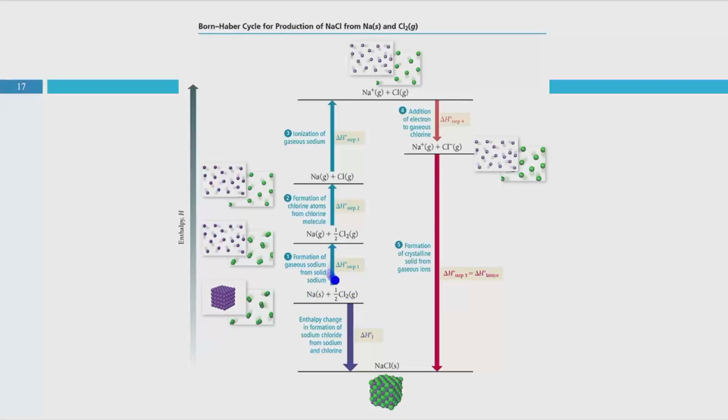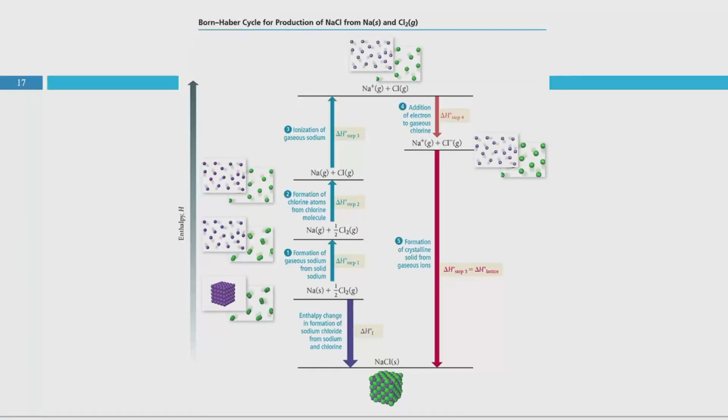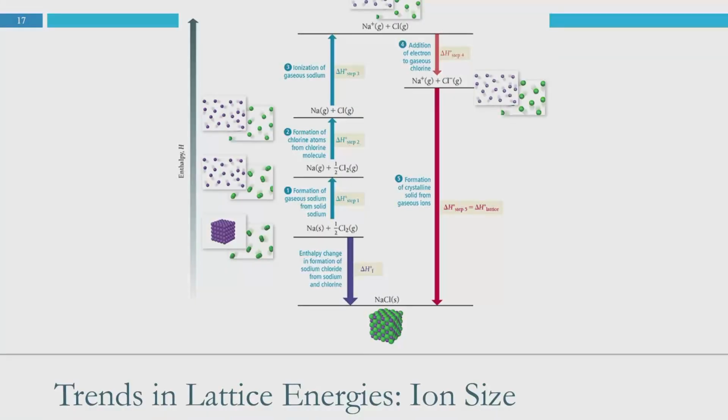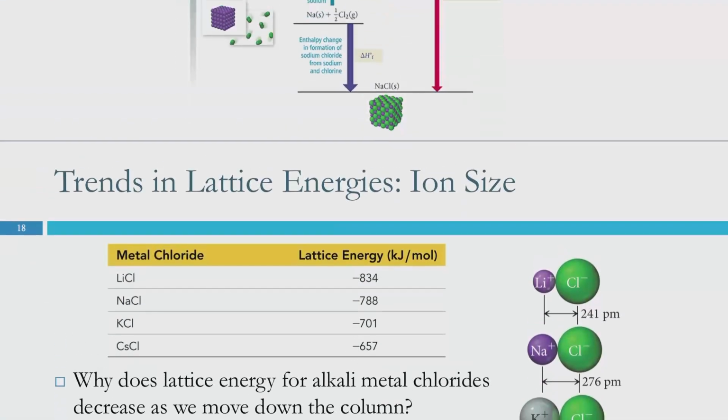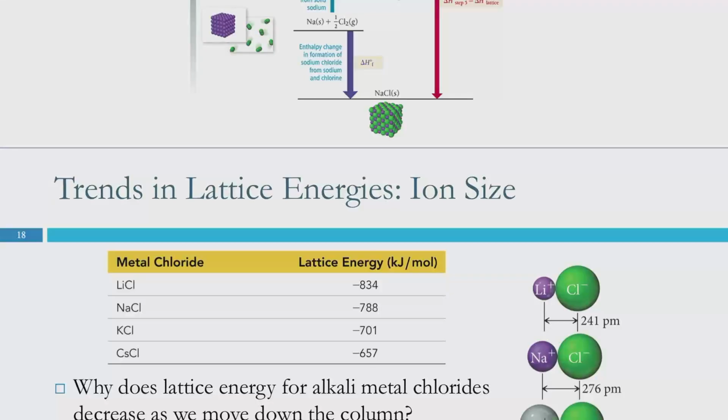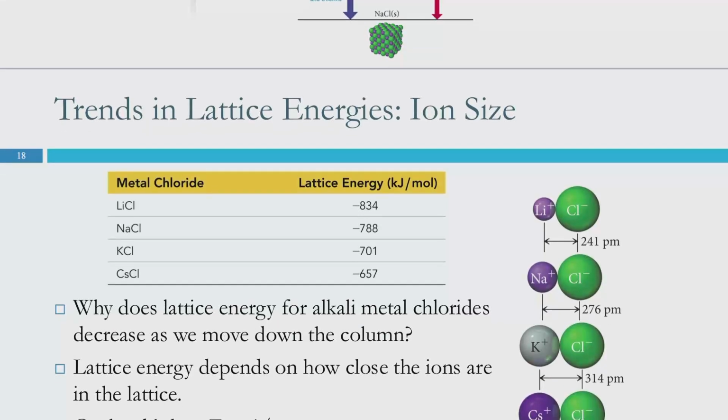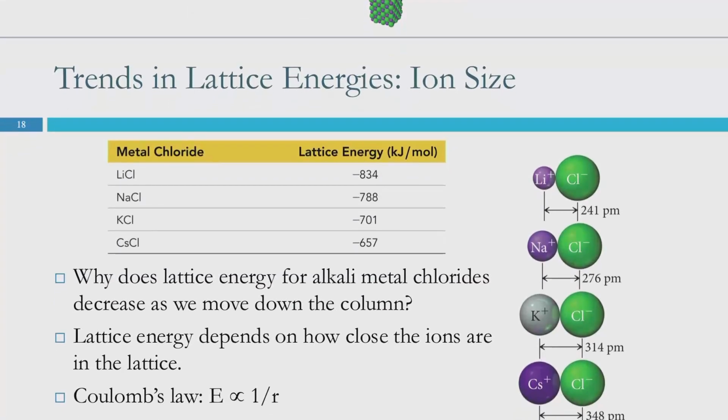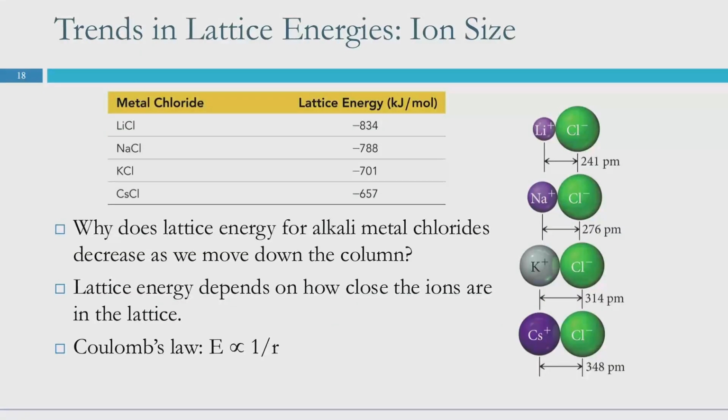We also have the formation of the gaseous sodium, formation of the chlorine atoms from chlorine molecules, ionization of the gaseous sodium, and then you add the electron to the gaseous chlorine, and finally you form the crystalline solid from the gaseous ions. There's a whole lot of steps going on. I don't think we're really going to do much with the Born-Haber cycle. You should know what a Born-Haber cycle is. And we're going to talk about a couple of new trends. So two trends in lattice energy.